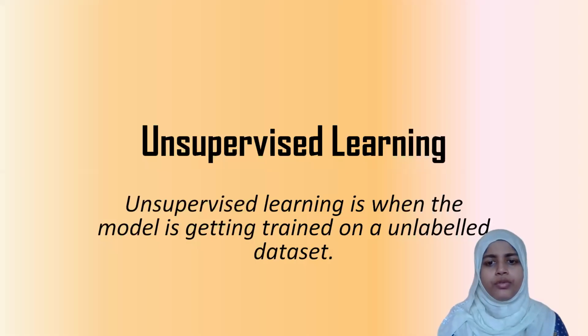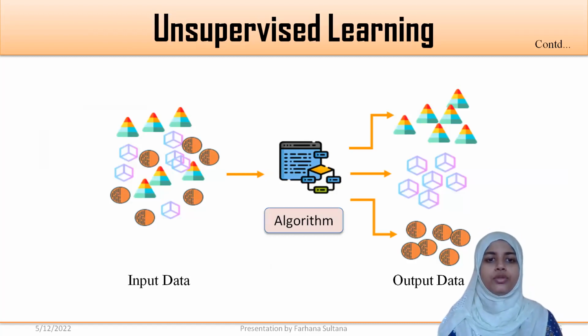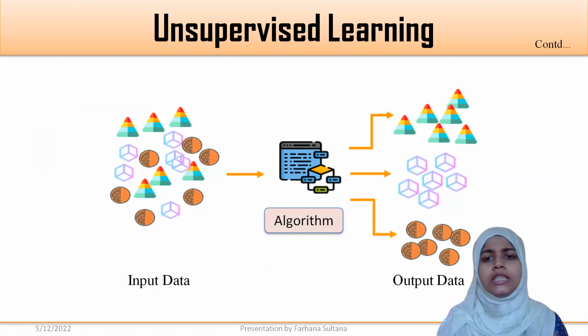Now we are going to discuss unsupervised learning. Unsupervised learning is when the model is getting trained on an unlabeled data set. That means we only have the input data, but we don't have any label for those input data. We give the input data to the learning algorithm, and it will discover some pattern, or group the data depending on different behavior or characteristics.